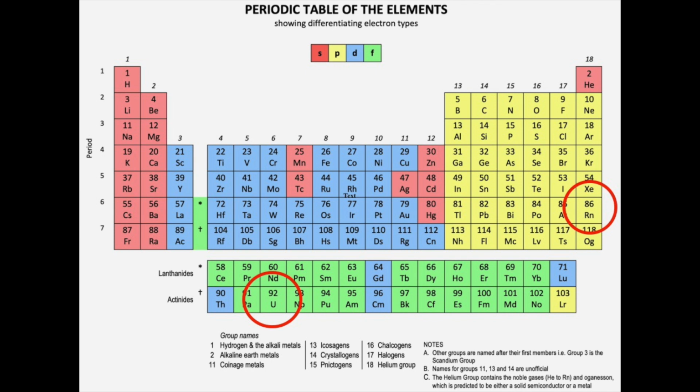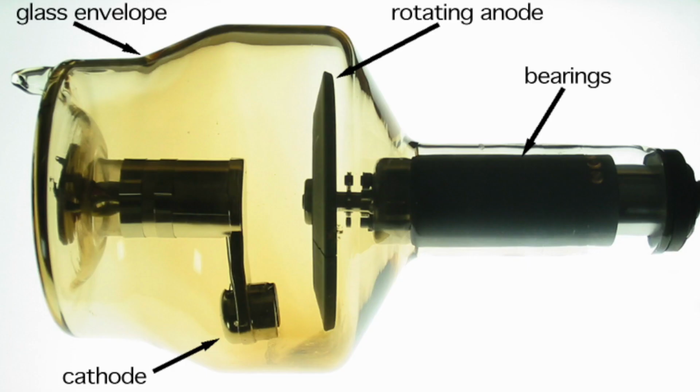You've also probably heard that heavier atoms in the periodic table, such as radon or uranium, which I've circled here, tend to have an unstable nucleus. And as a result of this nuclear instability, they put off radiation. So with X-rays, we have the same thing going on. An atom is made to be unstable and it emits radiation as a result.